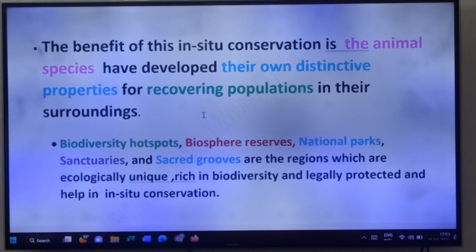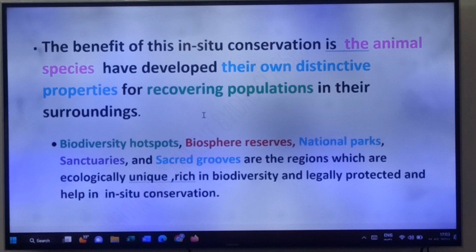For what? For recovering populations in their surroundings. Once again, the benefit of in situ conservation is that the animal species have developed their own distinctive properties for recovering populations in their surroundings.